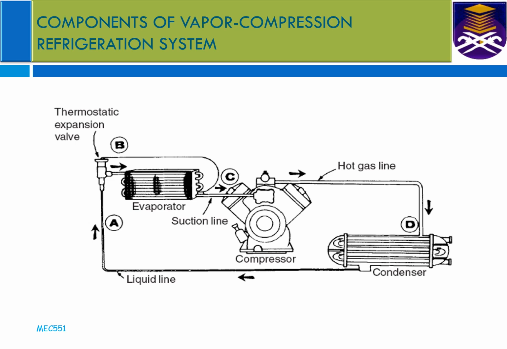For example, this is a refrigeration system used for a domestic refrigerator, which contains the evaporator here, and this is the compressor.